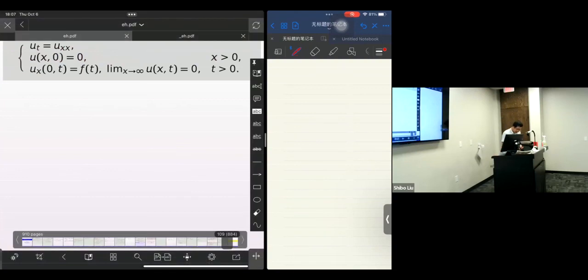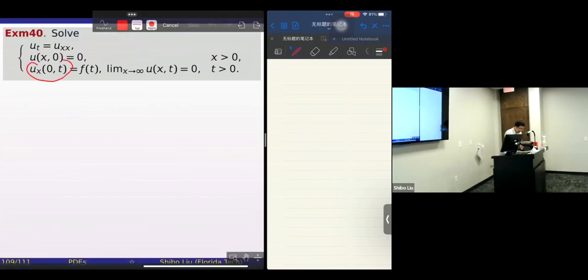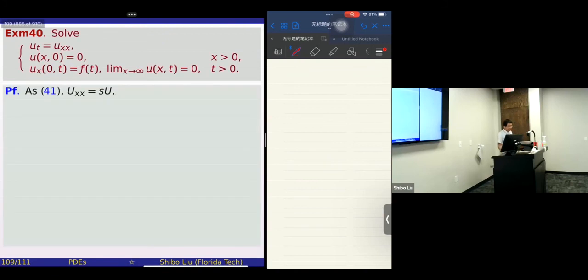This is the only thing different from our previous example. Of course, the idea is the same. First, we apply the Laplace transform with respect to t. The reason is that when t equals 0, u is 0, so we need to take a Laplace transform with respect to t.